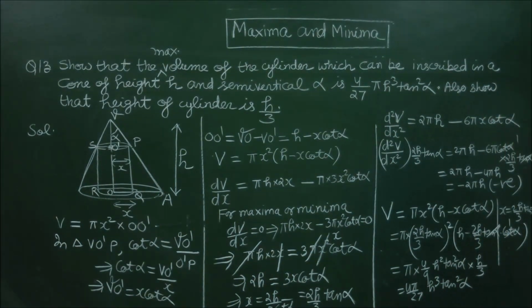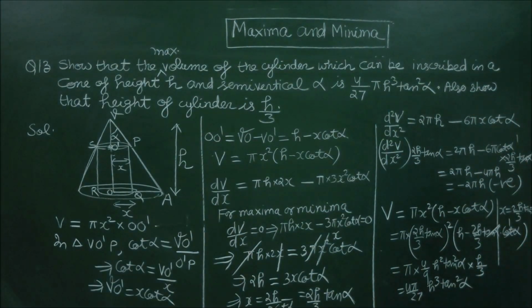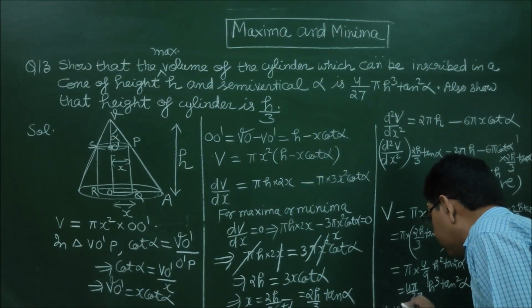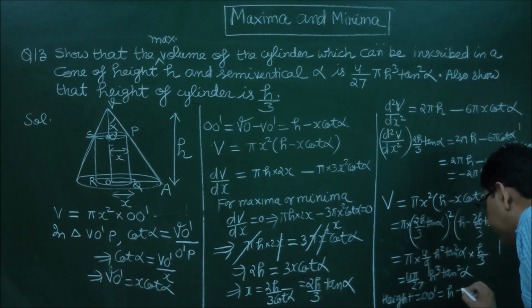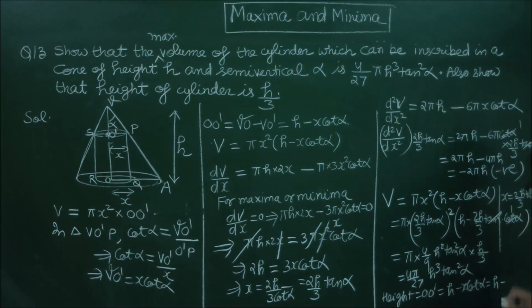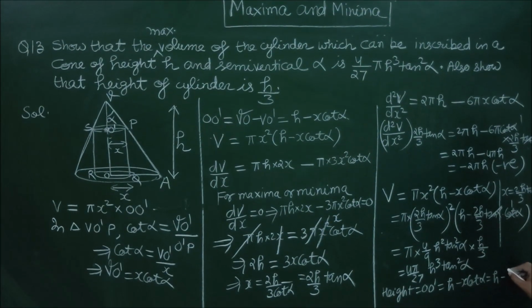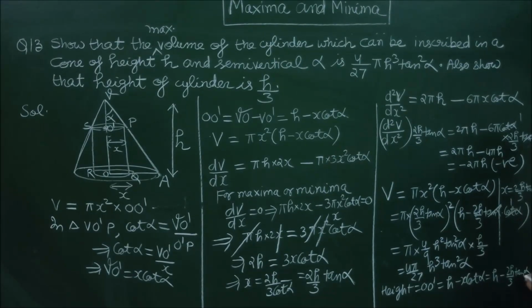The height of the cylinder OO dash is equal to H minus X cot alpha, and the value of X is 2H by 3 tan alpha into cot alpha.